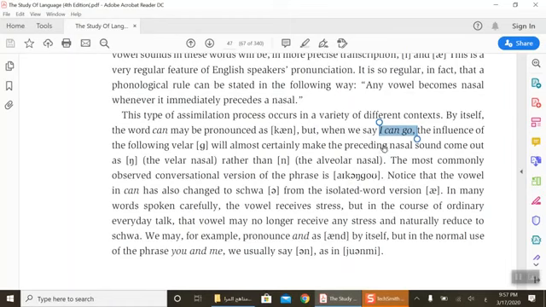But when we say it in a quick way, the n in can is influenced by the g in go, so it changes to ng: I can go.